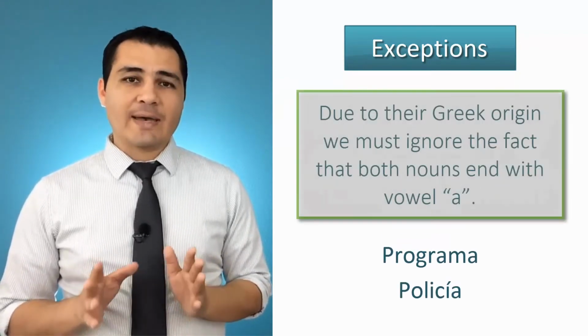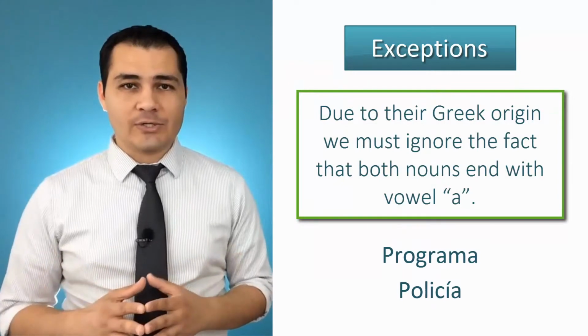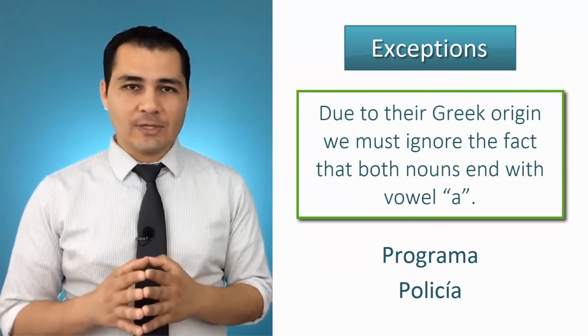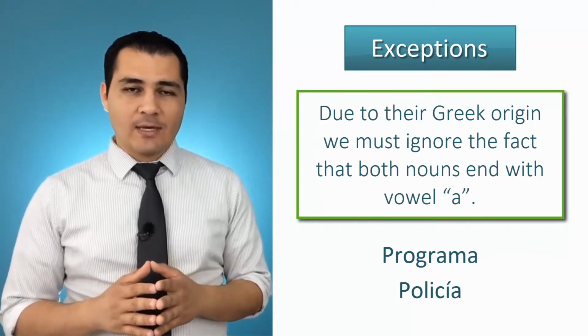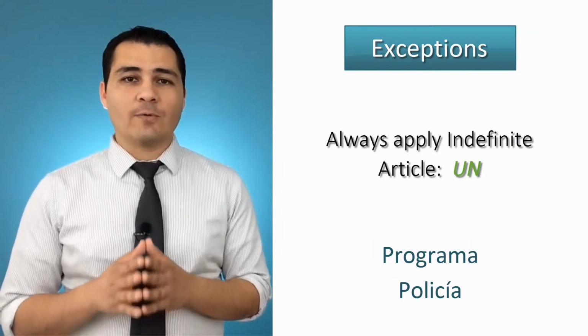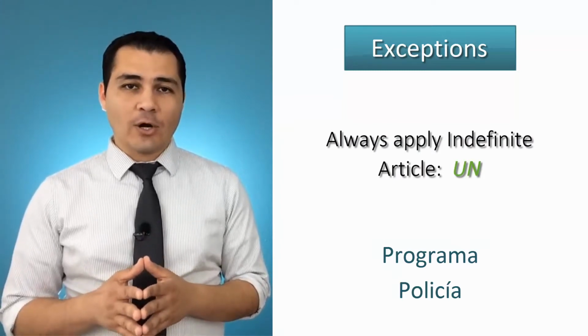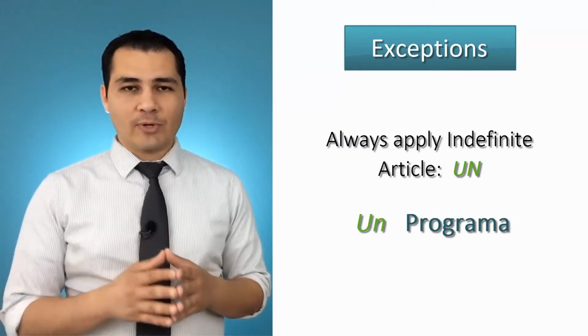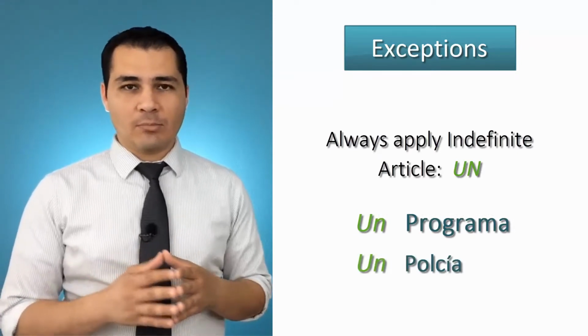These words have a Greek origin, and therefore, every time we use them, we must always treat them as masculine nouns. We will always apply indefinite article un to these two words. Un programa, un policía.